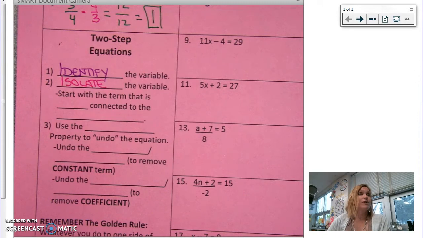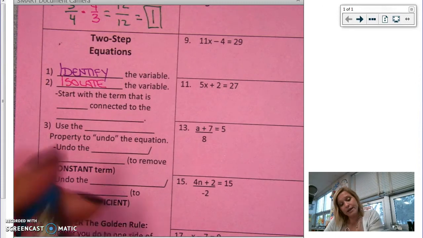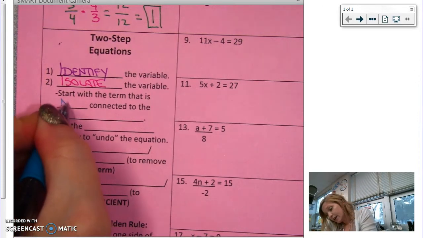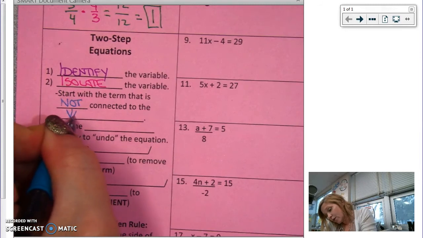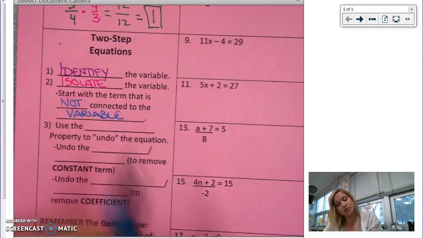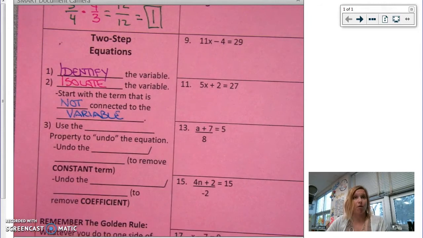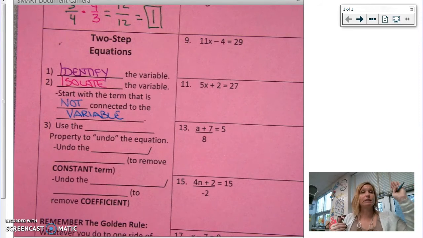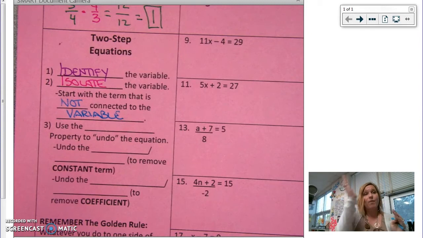All right, we start with the term that is not connected to the variable. So we always start with usually it's the adding or subtracting part of the problem. We always do that first. It's kind of like we do the opposite of the order of operations. So if it's parentheses, exponents, multiplication, division, then adding, subtracting, we're going to go backwards. So we want to start with any adding, subtracting because we're actually going the opposite direction now.